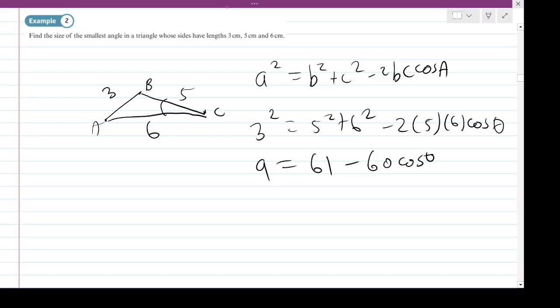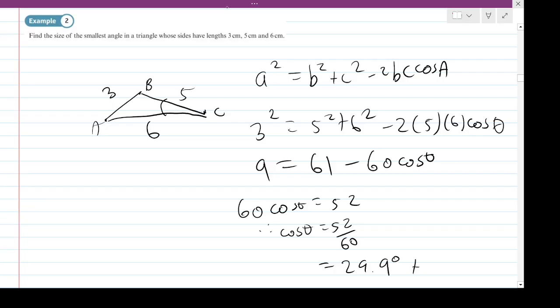So then 60 cos theta is 61 take away 9, which is 52. Therefore cos theta is 52 over 60. If I inverse cos that, I get 29.9 degrees to 3 sig figs.